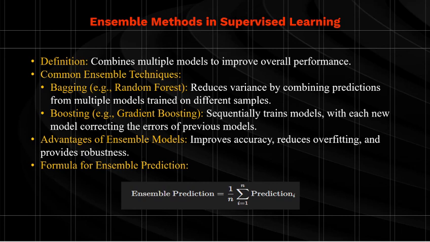Then we have boosting, which sequentially trains models, with each new model correcting the errors of previous models, for example gradient boosting. Then we have the advantages of ensemble models. The advantages are that it improves accuracy, reduces overfitting and provides robustness. You can see the formula.